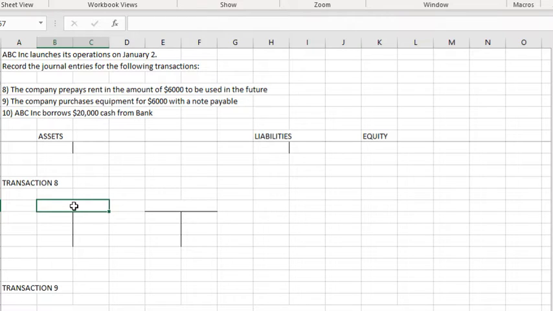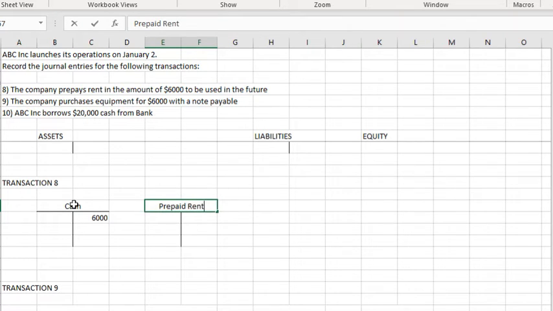Transaction number 8 is where the company prepays rent in the amount of $6,000 to be used in the future. So that means we are paying, it's going to decrease our cash, and it's going to increase another asset called prepaid rent.